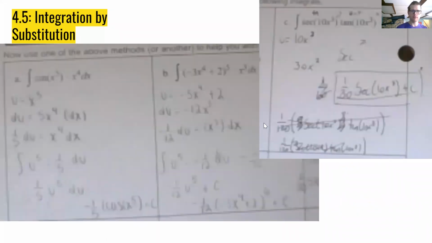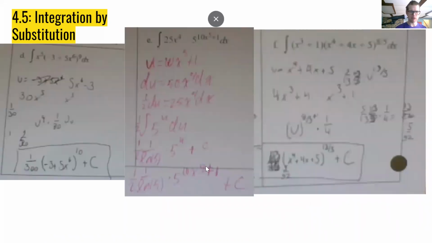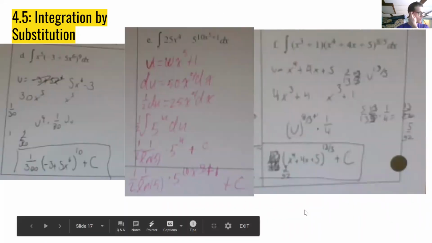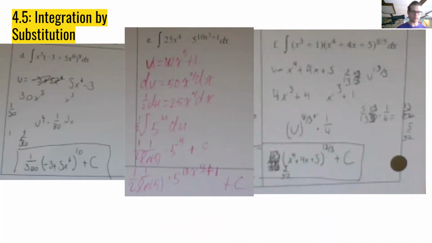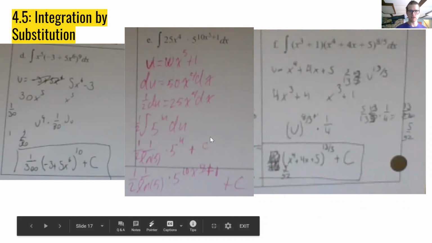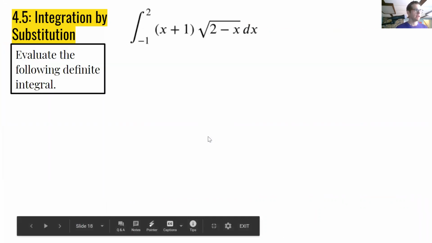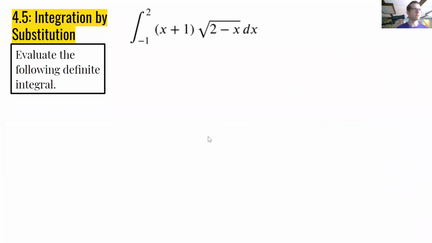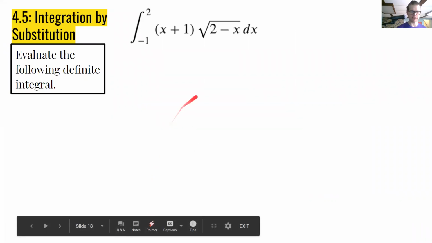I also have solutions from students from previous years, and this middle one was me. So you can also come back to this presentation and check out what I've got for these answers. But the big thing I wanted to do today is evaluate a definite integral.